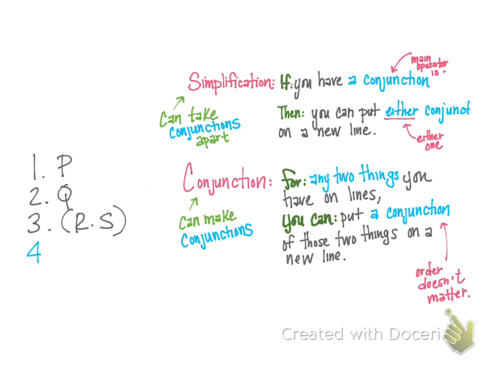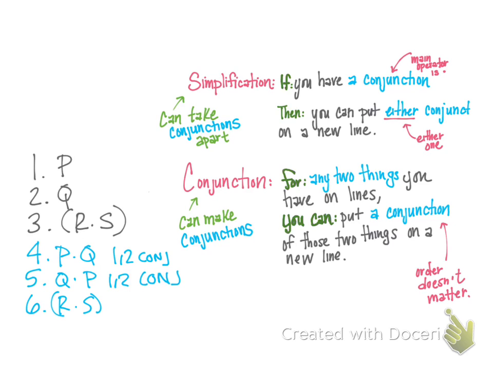So I can make a conjunction of P and Q. I can also make a conjunction of Q and P. I can make a conjunction of P and R or S and P. I could have done it in a different order. Any two lines, you can put them together to make a conjunction.